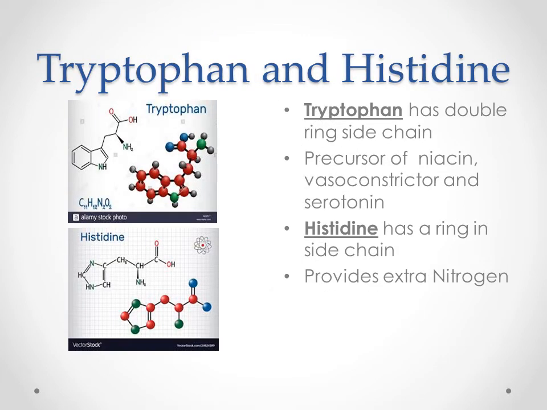Tryptophan is an essential amino acid that has a double ring side chain. Tryptophan is also unique in its capacity to produce the B vitamin niacin as needed. It is also a precursor of the vasoconstrictor and neurotransmitter serotonin. Serotonin is a chemical that has a wide variety of functions.